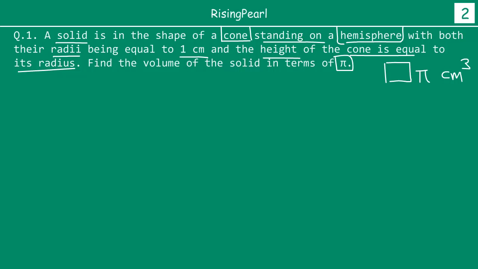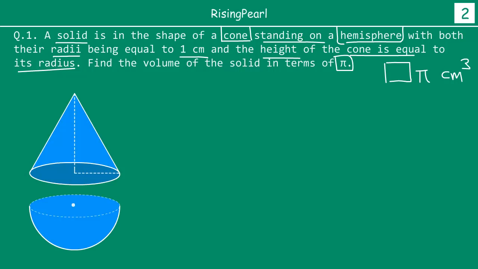Now because there is no diagram given, let's use what is given in the question and draw the diagram for ourselves. So first we have a cone which is basically at the top, and then we have a hemisphere which is at the bottom. Now it is given in such a fashion that this radius, which is the radius of the base circle of the cone, is the same as the radius for the hemisphere.